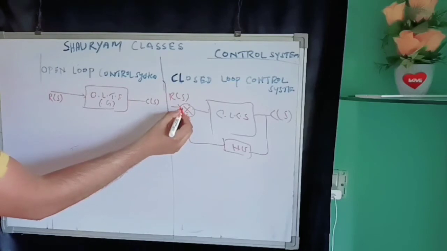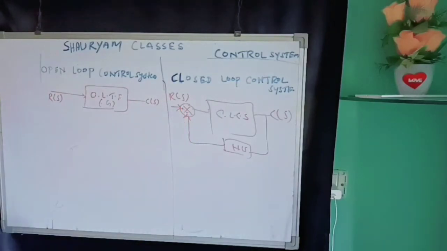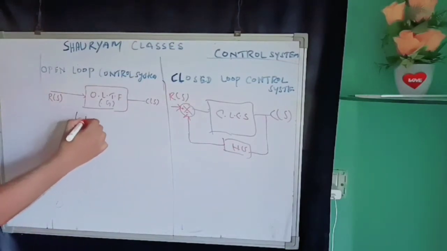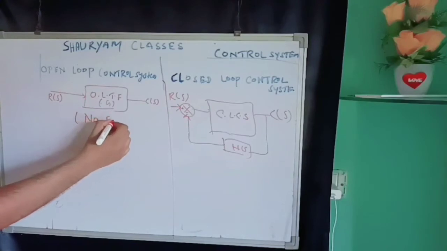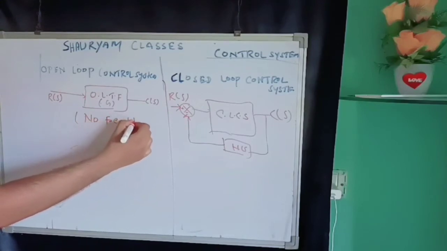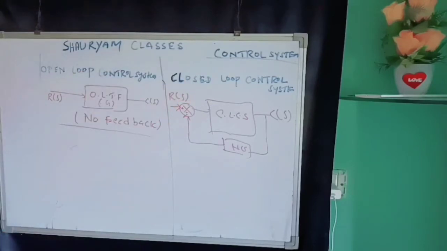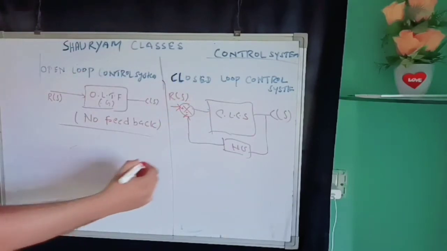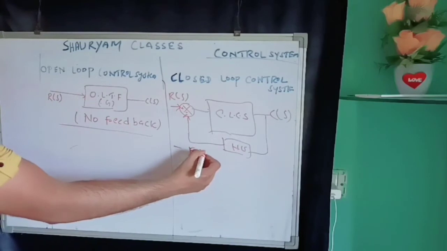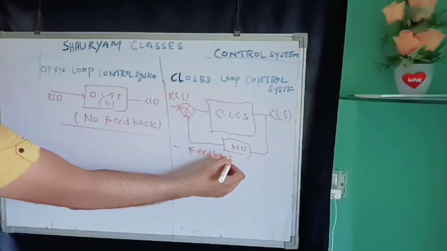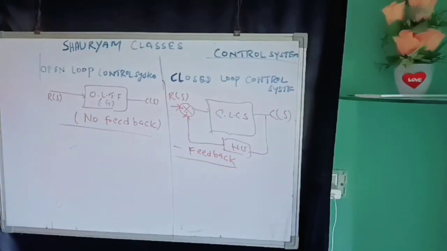Plus, minus, plus. Okay. So, as you see, the first difference is that there is no feedback in open loop control system, and in case of the closed loop control system there is a feedback. So the basic difference is: there is no feedback, and there is a feedback.